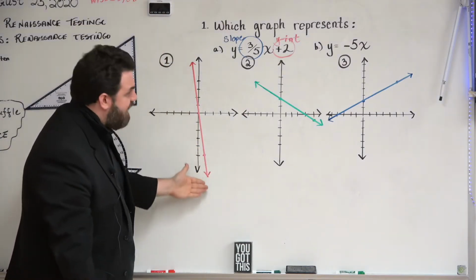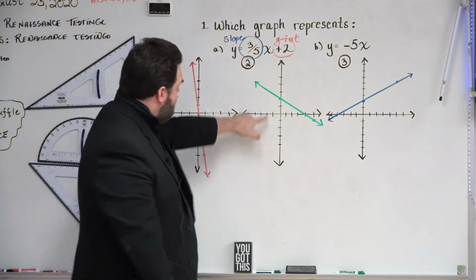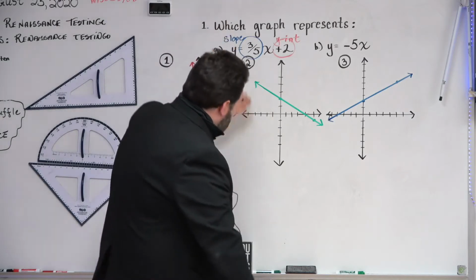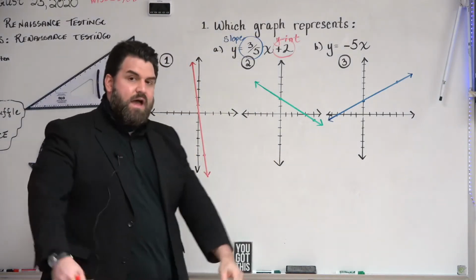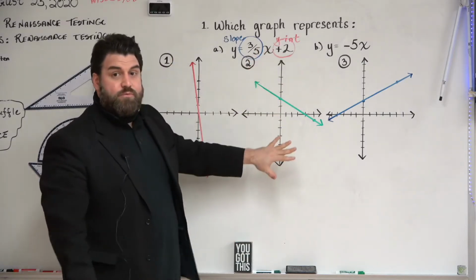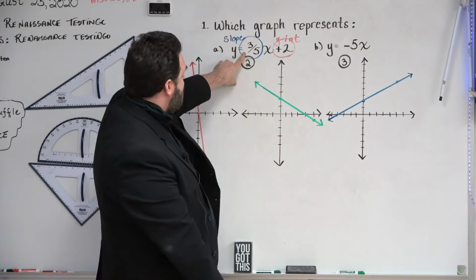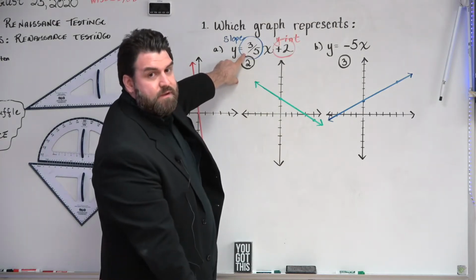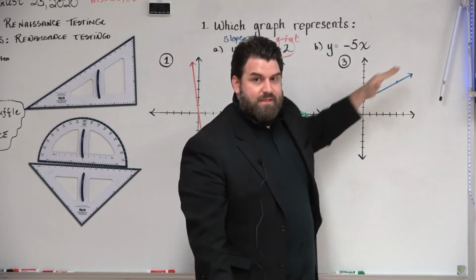This red line goes down from left to right. This green line goes down from left to right. So these two graphs have negative slopes because they go down from left to right. And we want a graph with a positive slope. So if we look here, we've got this upward sloping line.